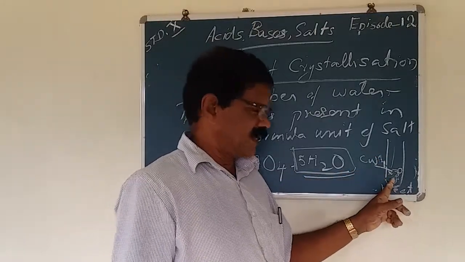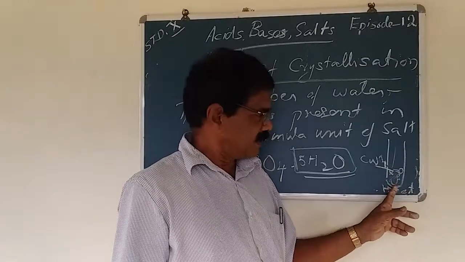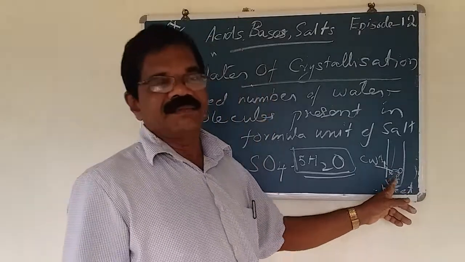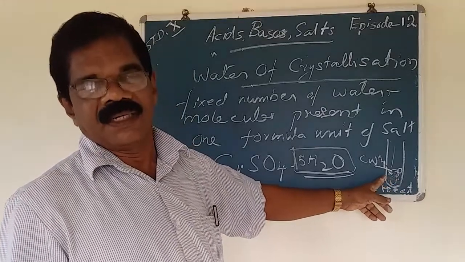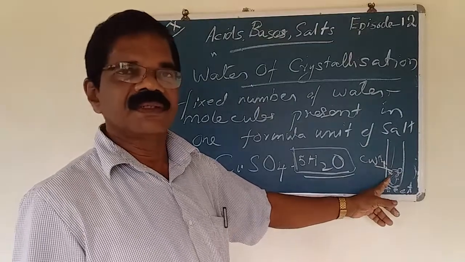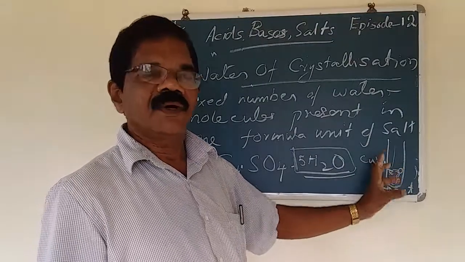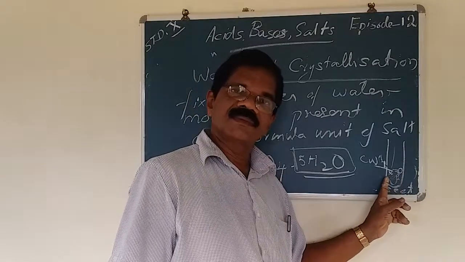When we take 2-3 pieces of copper sulfate in this tube and heat, after heating for some time, two things happen. One, the copper sulfate loses its blue color. Second, the copper sulfate changes to a white powder.